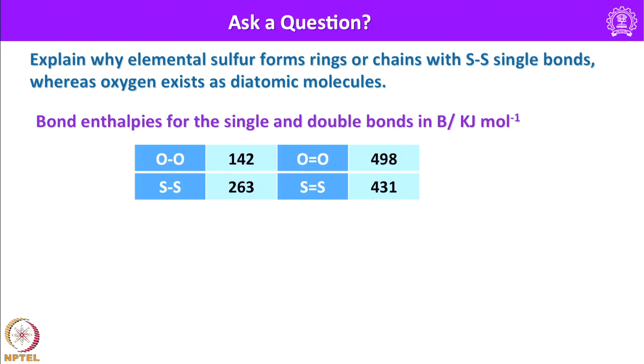For example, in case of oxygen, the O-O single bond is 142 kilojoules per mole, whereas the O=O double bond is 498 kilojoules per mole. In the same way, the S-S bond enthalpy is 263 kilojoules per mole, whereas the S=S double bond is 431 kilojoules per mole.